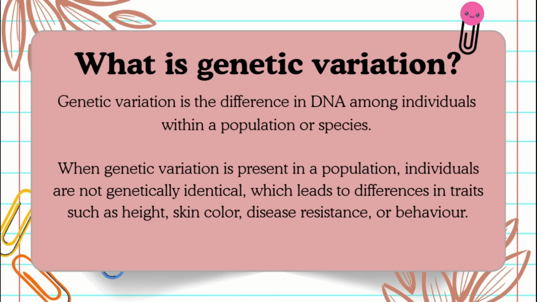And the number one way to get some variation is simply from sexual reproduction, as you know that asexual reproduction gives you clones, all the offspring exactly alike. Variation, on the other hand, gives you a variety, gives you diversity.